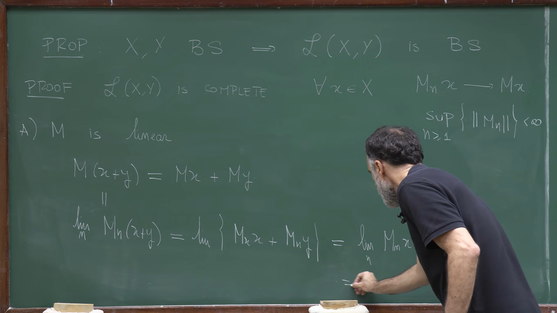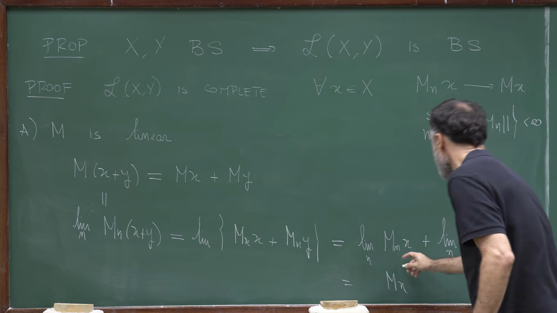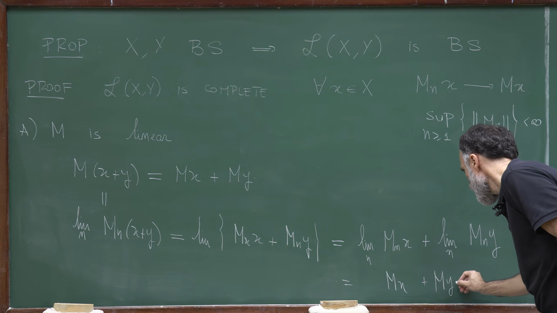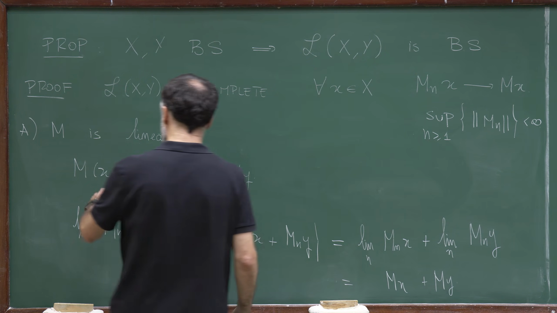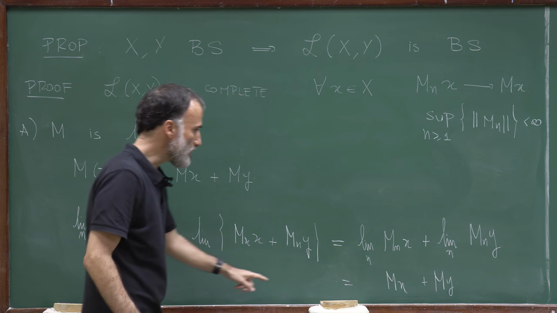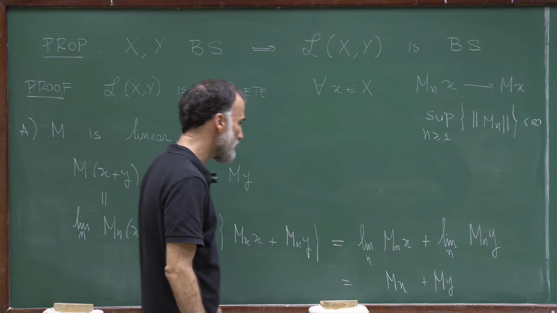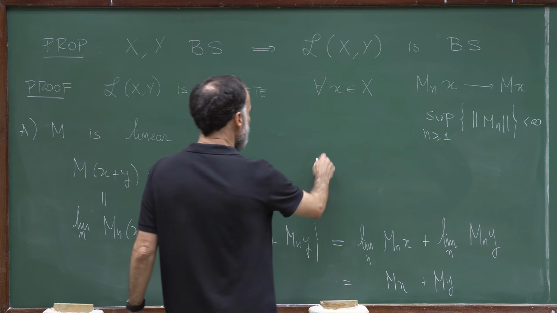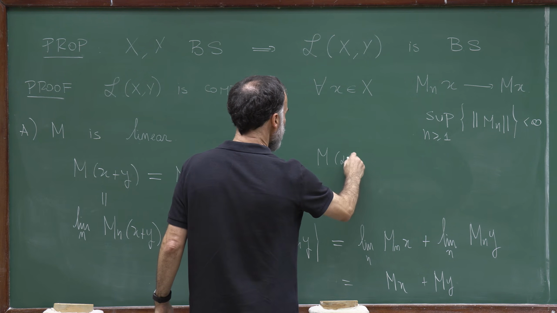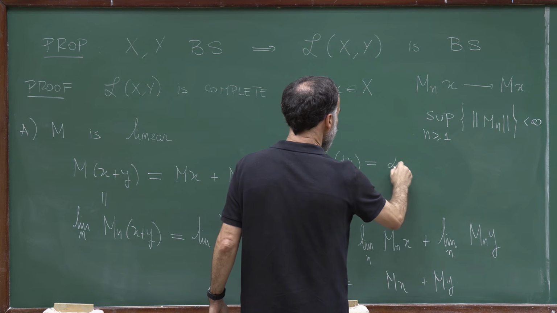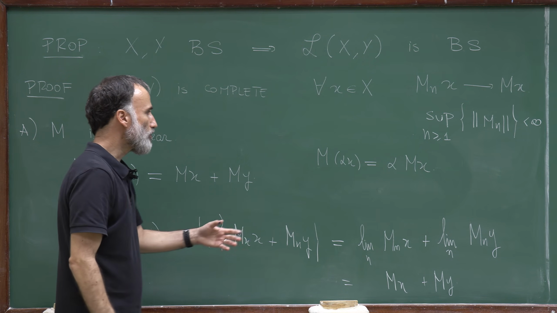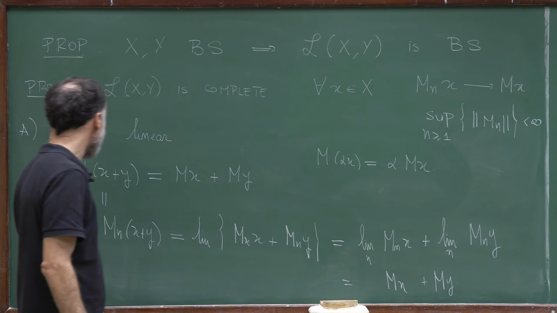And this is equal to Mx plus My by definition of M. And this proves that M of x plus y is indeed equal to Mx plus My. And exactly in the same way, we can prove that M of alpha x is equal to alpha Mx for all x in X and for all scalars alpha.